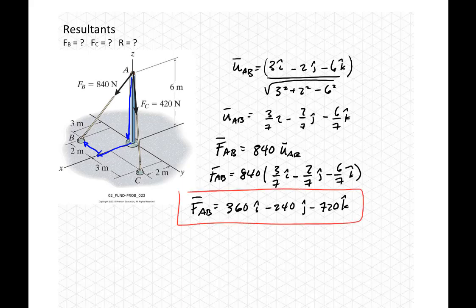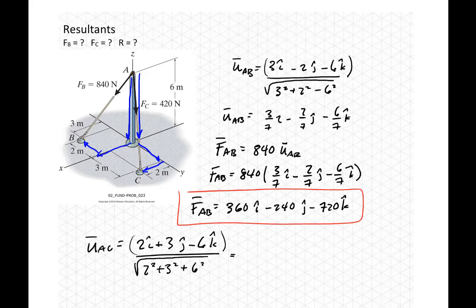The second force is similar, so I'm just going ahead and completing that for you. First of all, we're going to go negative 6 in the k direction, positive 3 in the j direction, and positive 2 in the i direction. So this then is the calculation for the unit vector for AC.